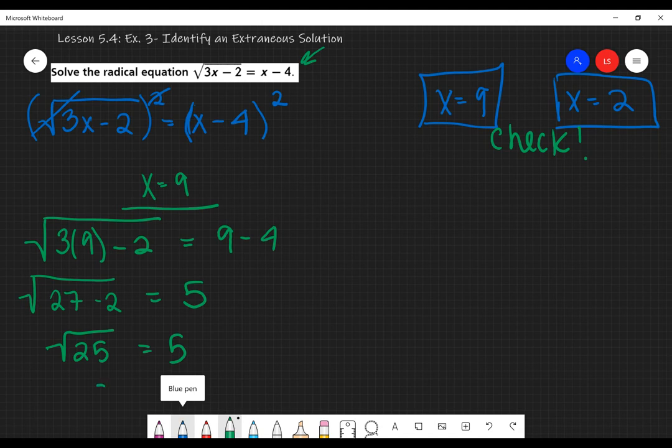And the square root of 25 is indeed 5. So in this case, we get 5 equals 5. X equals 9 is a good answer.